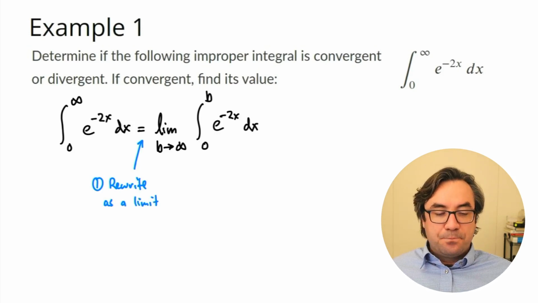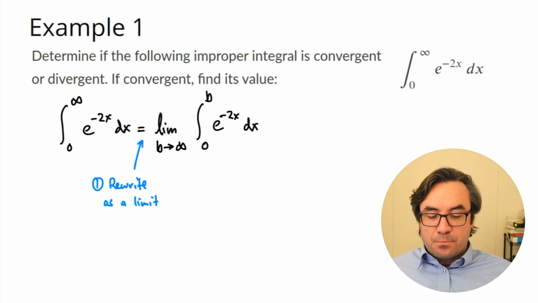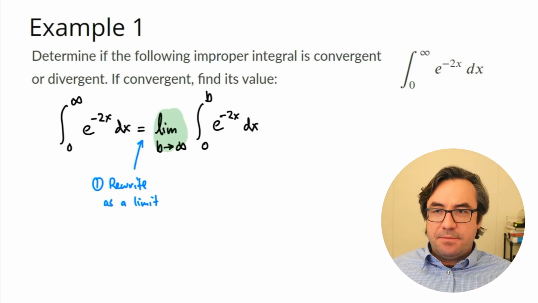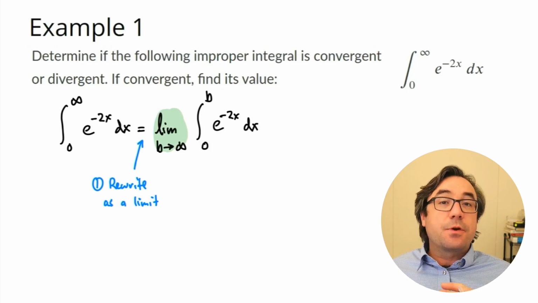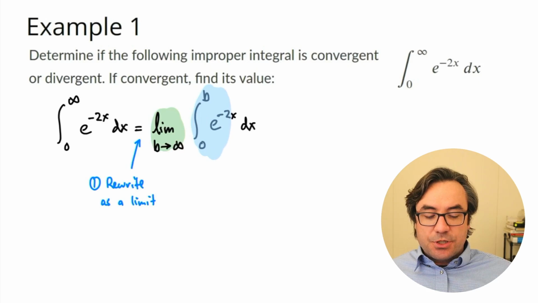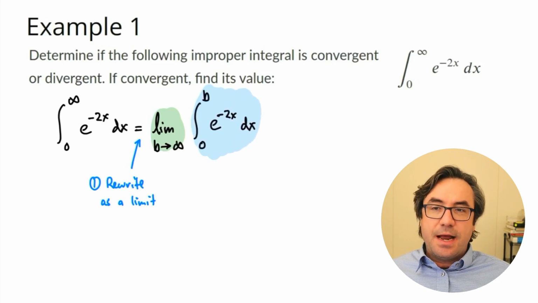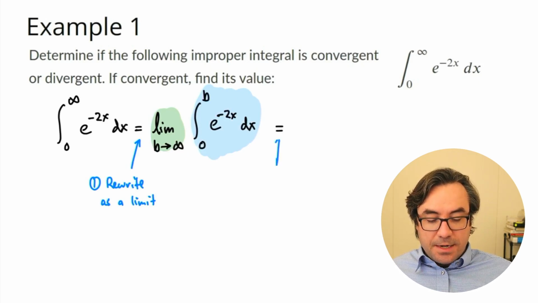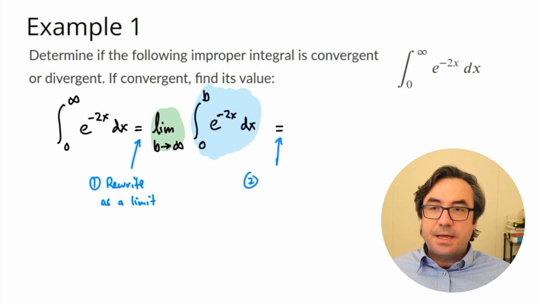Now we tuck this limit aside. We're going to keep writing it in every step, but we forget about it for a little bit, and concentrate on doing this regular definite integral. So that's our next step: calculate that definite integral just like usual.